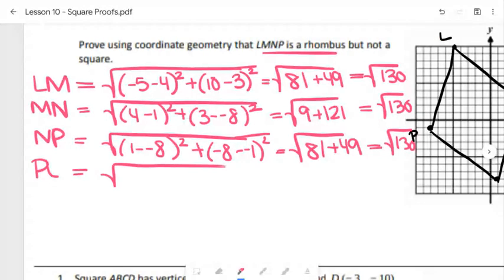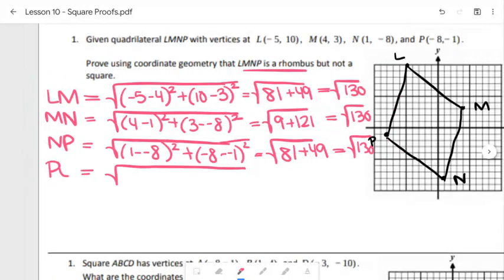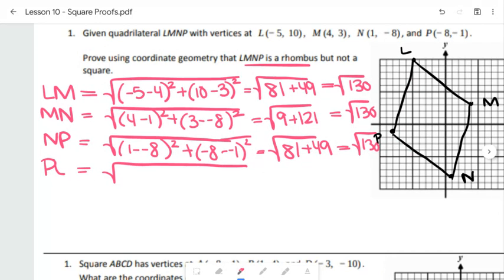We have one last side to show. So when I'm doing that here, -5 subtract a -8 squared plus 10 subtract a -1 squared. We again end up with 9 plus 121.